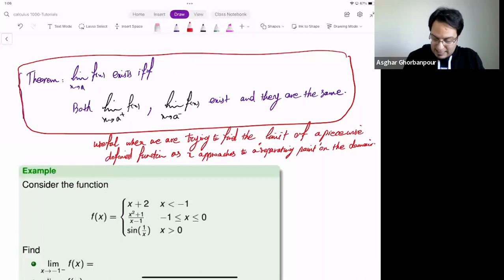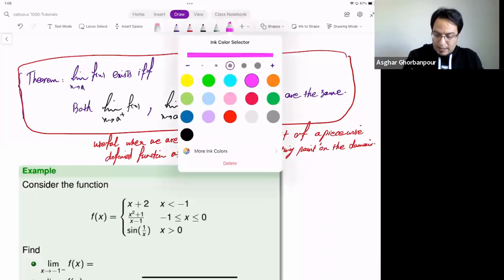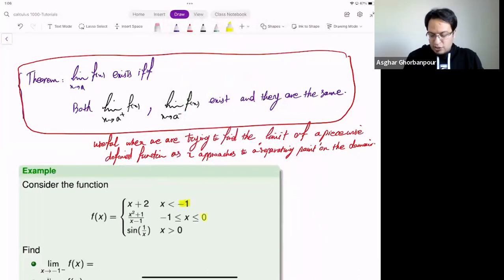For example, look at this example: x equal to -1 and x equal to 0 are examples of separating points. As x approaches these, we have to use that tool.